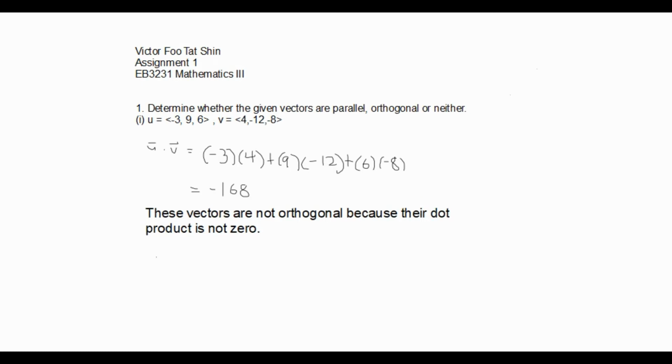So what we'll do is u equals cv, because if they are parallel, c can be determined as a constant, and the way we do it is -3, 9, 6 equals c times 4, -12 and -8.